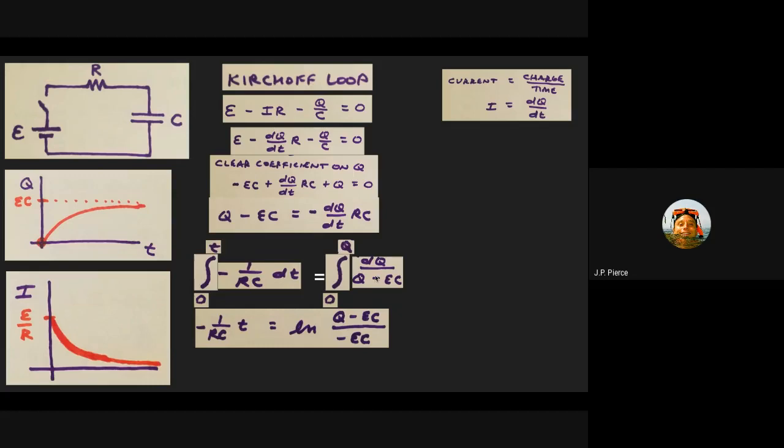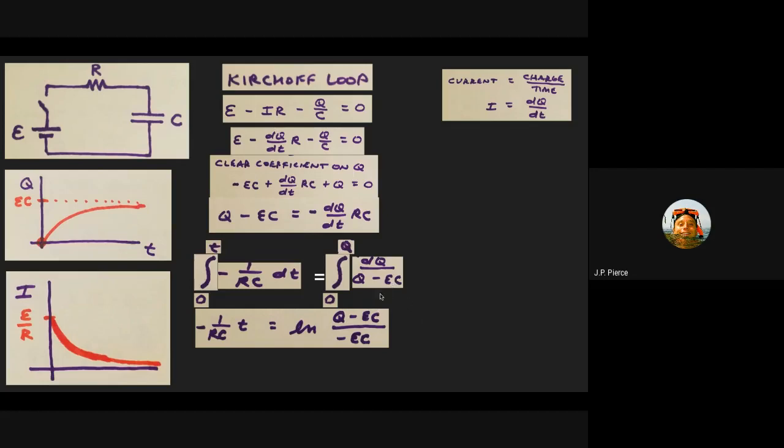On the right-hand side, the expression would be log of q minus epsilon c. But now this is a possible pitfall. You do have to plug in the limits. So you'd have log of q minus epsilon c, but then you'd have another minus log, where you plug in the 0 limit. You'd have minus log of minus epsilon c.